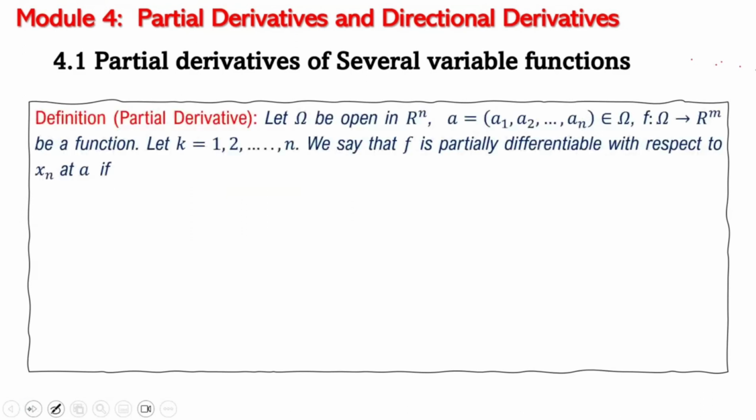So let's define the partial derivative. Let omega be an open set in R^n, and a = (a1, a2, ..., an) is in omega, and f is a function from omega to R^m. Then take k from 1 to n.